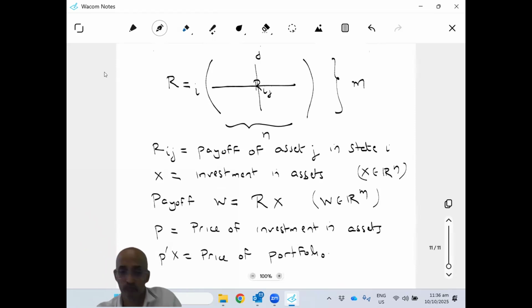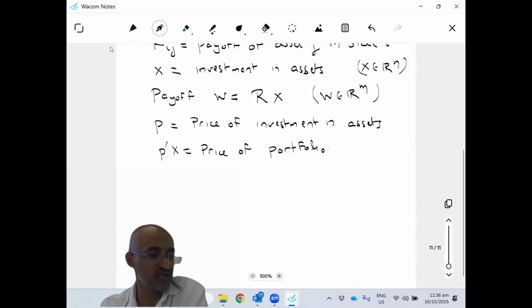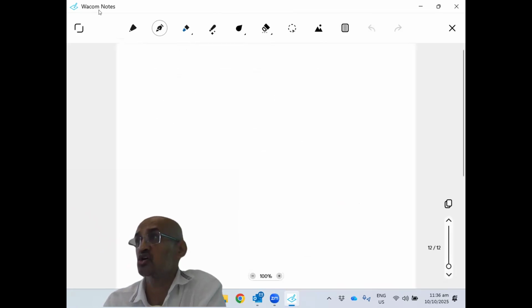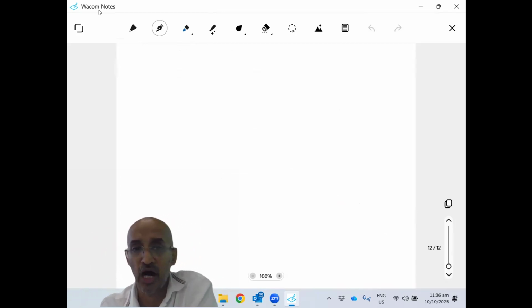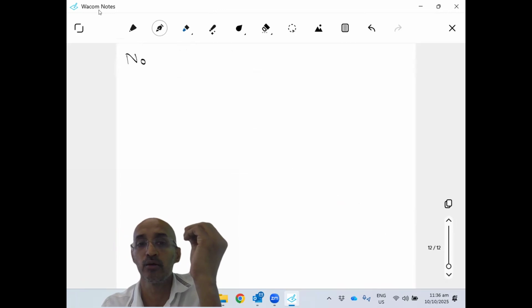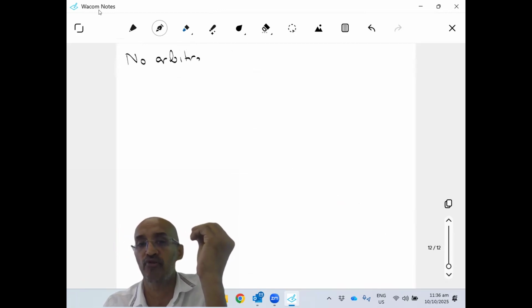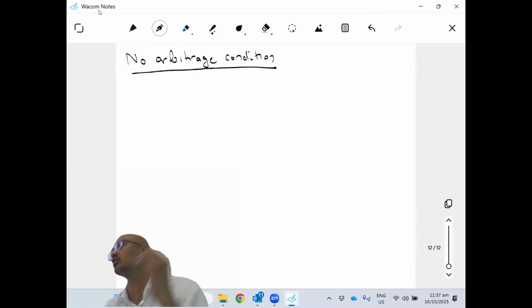So what is one of the most basic conditions in finance? Essentially, in finance, the prices of assets are based on one simple condition which they have to satisfy, what is called the no arbitrage condition. So what is the no arbitrage condition? You cannot make money for free.